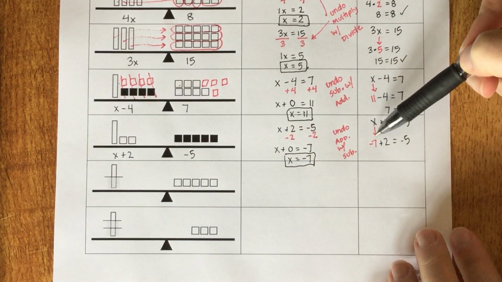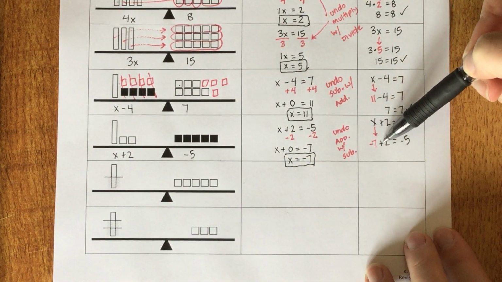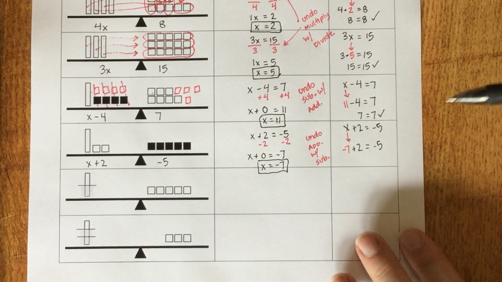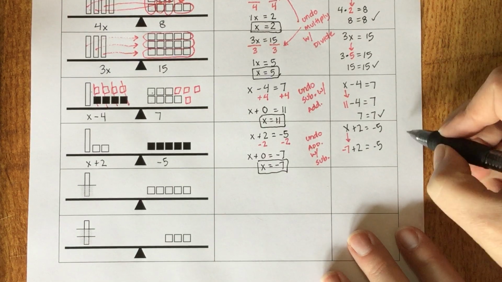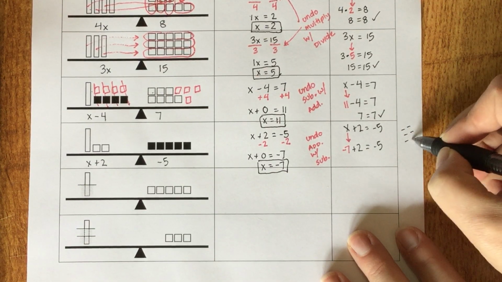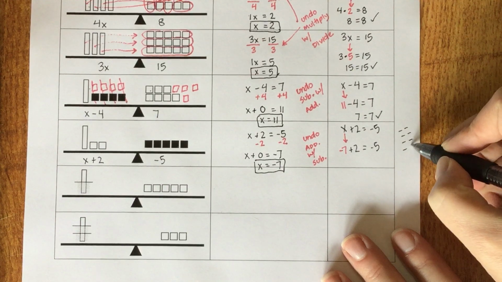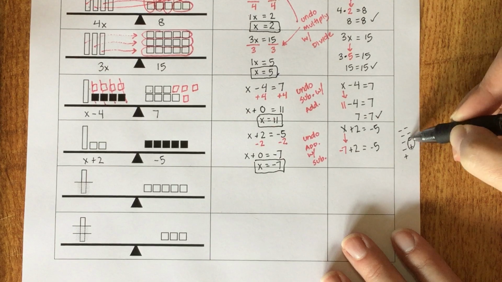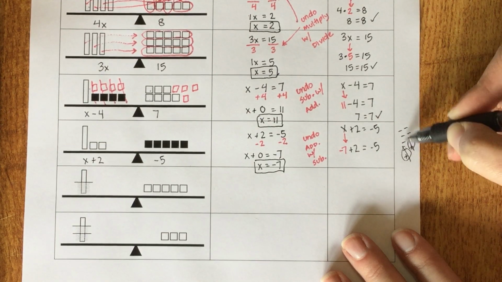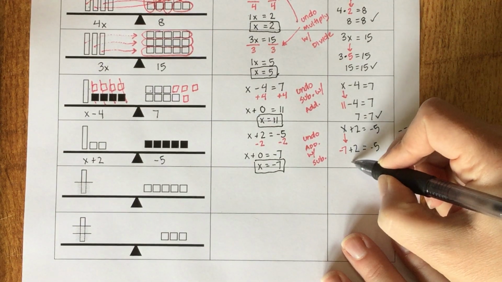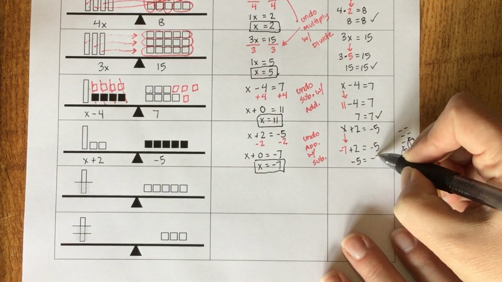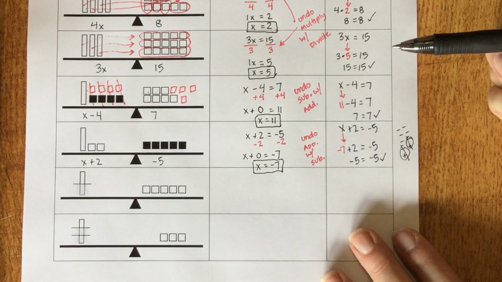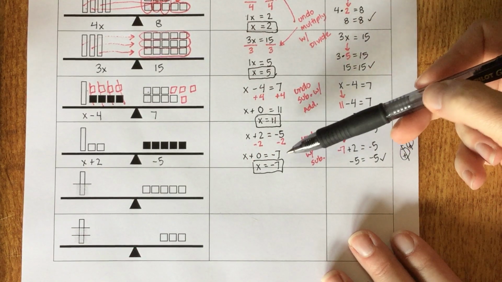Let's check it. -7, and if you add on 2, would that really be -5? And I can use a picture model if I'm not sure about this. 7 negatives, 2 positives. These would cancel, and I do see 5 negatives left. Since we got a true statement, the answer of -7 is correct for the value of x.